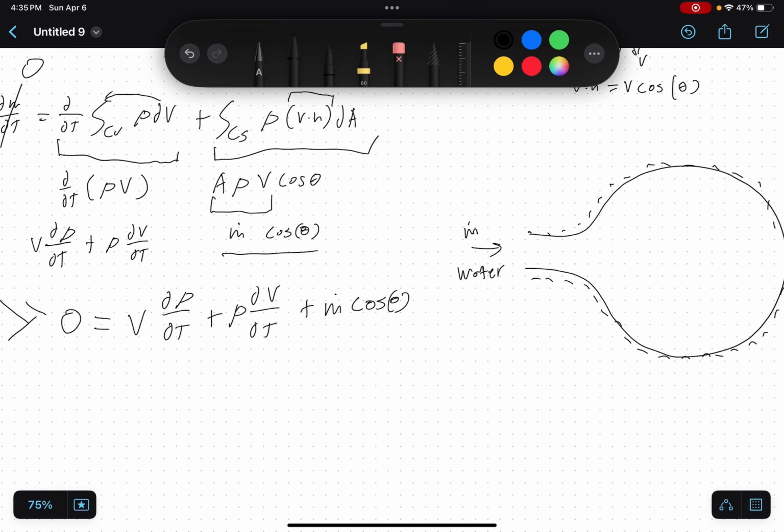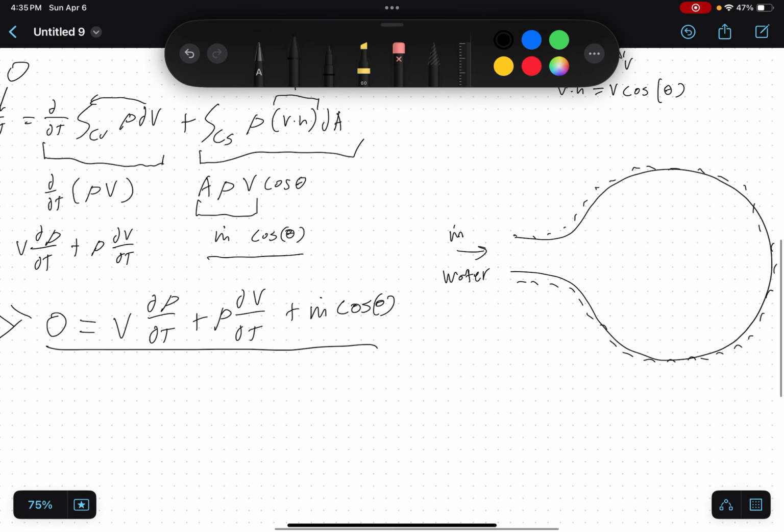So in this equation, what can we do? Density with time is 0 because we're putting in water, and water is incompressible. If we were blowing in air like normal people do, that wouldn't be 0, and then this would be a more complicated equation. But I'm going to say you're filling it up with water, so that way I can cancel out that term.